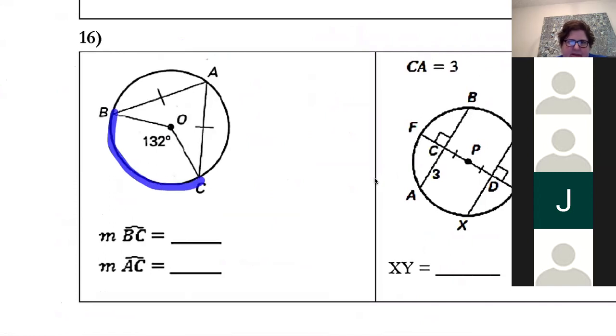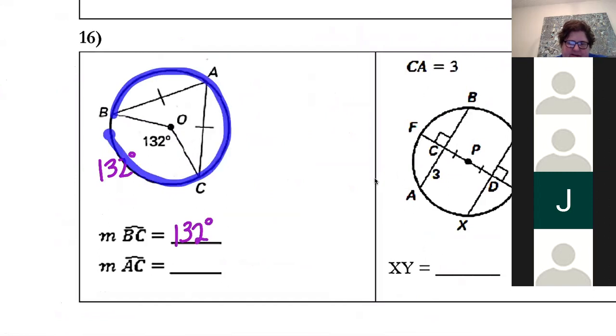Okay, the measure of arc BC is defined to be the same as the central angle measure here. So that makes that one 132. And then all the way around the circle is 360 degrees. So because these chords are congruent, the arc that's cut off by each of the chords is also congruent. So these two arcs will be the same as well.